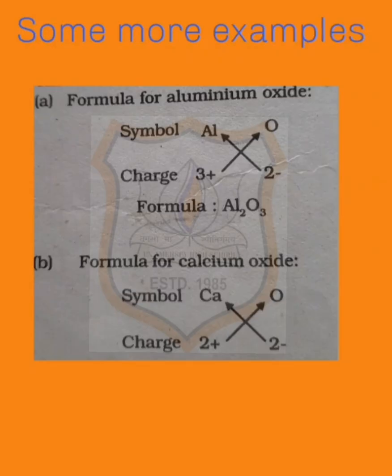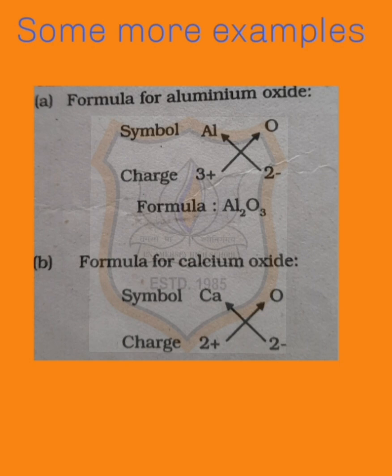Let us discuss some more examples, like aluminium oxide. Here aluminium and oxygen: aluminium will have 3 plus valency, while oxygen will have 2 minus, and the formula of combination will be Al2O3.